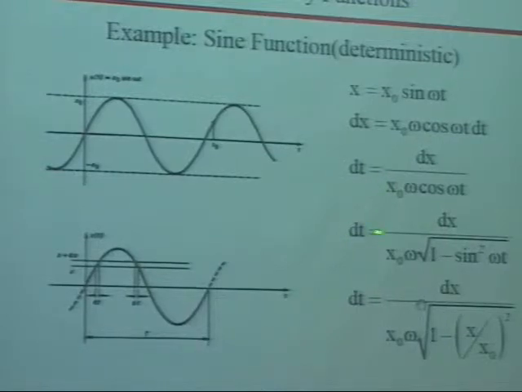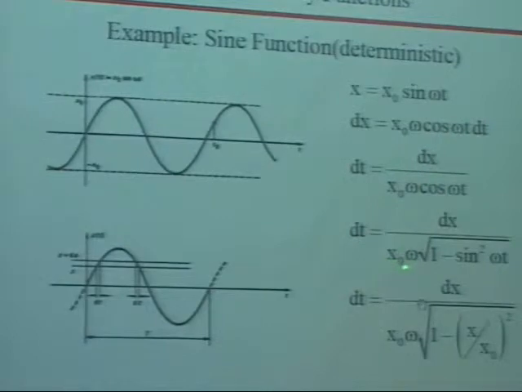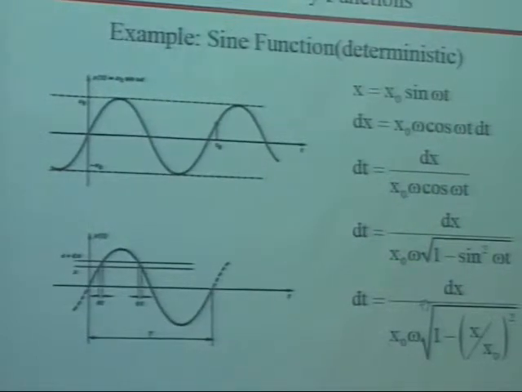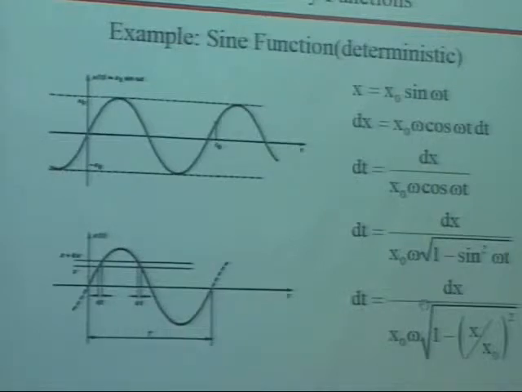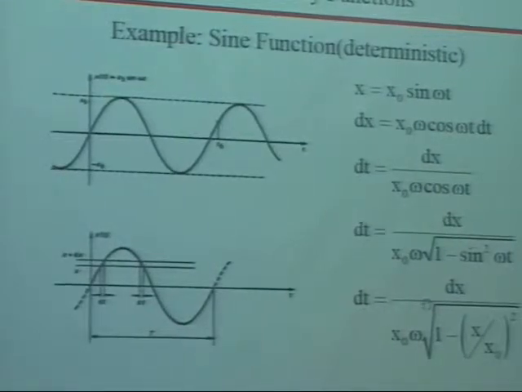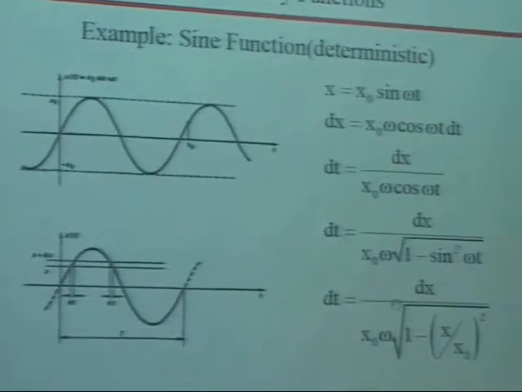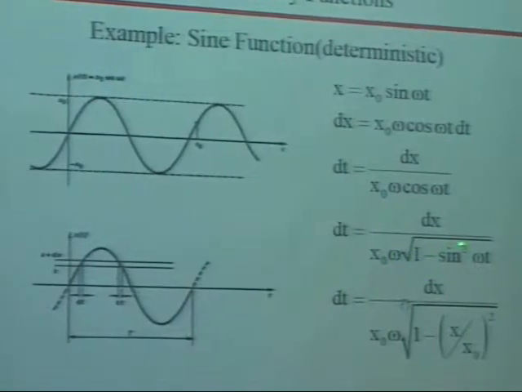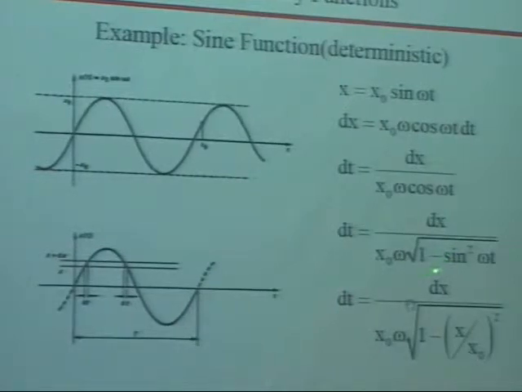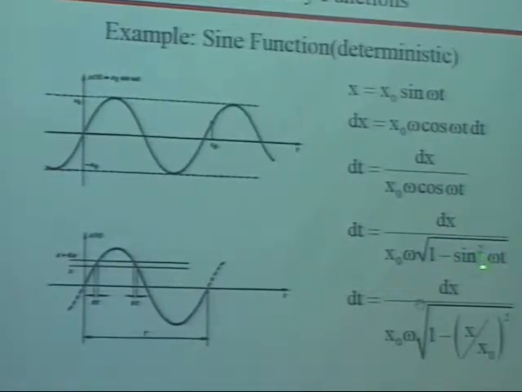So now dt is equal to dx over x naught omega cosine omega t, and cosine omega t is equal to the square root of 1 minus sine square omega t, right? Because sine square plus cosine square is equal to 1.